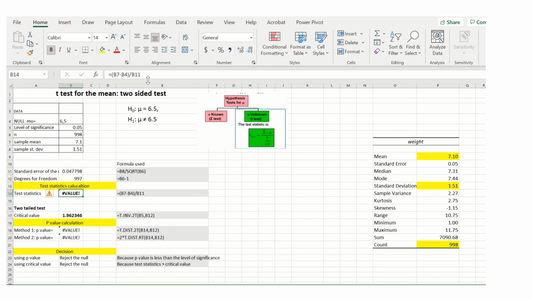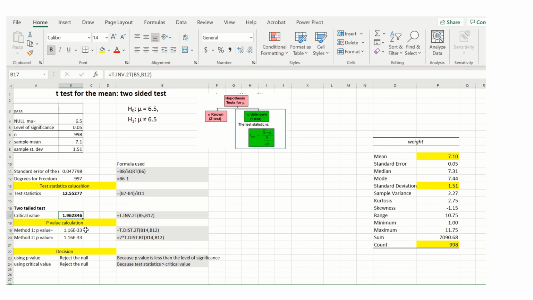Let's see what's going on. B7 minus B... Oh, I need to put it 0.5. So you can easily test any null value and then make the decision accordingly. Apparently 6.5 we reject, because the test statistic is very high, way bigger than 1.96.